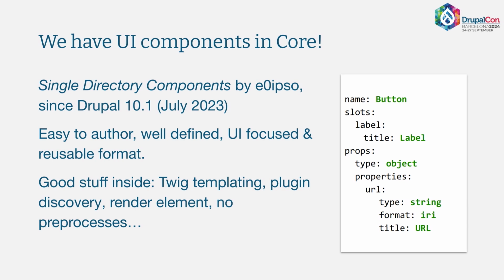Since Drupal 10.1, we have single directory components, and we think they are really brilliant. They are really well defined and well done. And with components, we don't have any more preprocesses and other stuff. So we think it's absolutely the right step in the right direction.